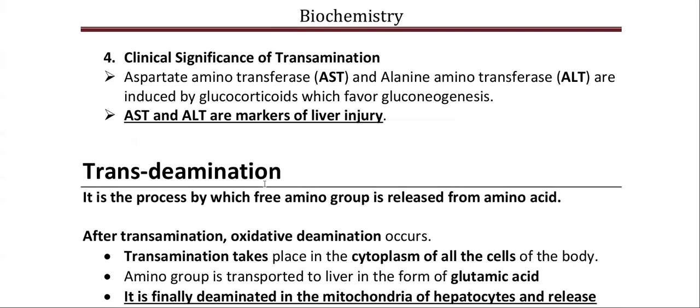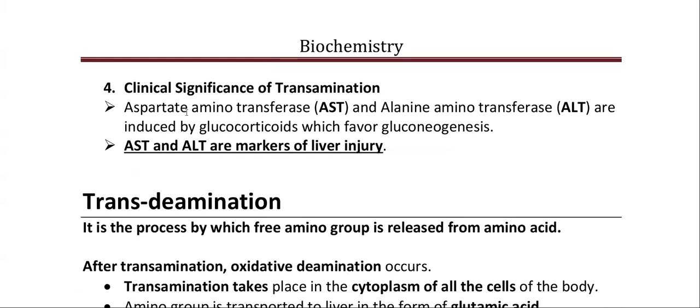Clinical significance of transamination. Aspartate aminotransferase and alanine aminotransferase are induced by glucocorticoid, which favors gluconeogenesis, which means the formation of glucose from sources other than carbohydrate, such as breakdown of fats.